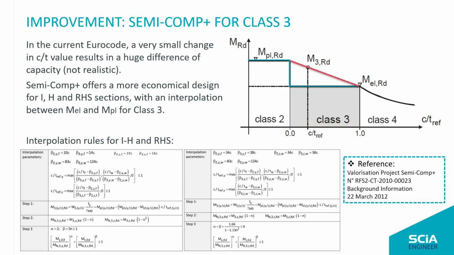If you're closer to class 2, you get something closer to the full plastic resistance. They have calculated out this curve only for I and H sections and for RHS sections. The rules of these interpolations, I will not go into the full detail. They're just formulas, but you can find them on our SCIA help page.